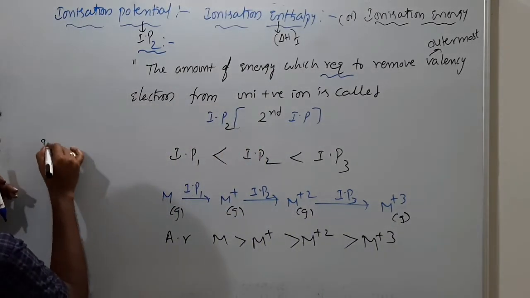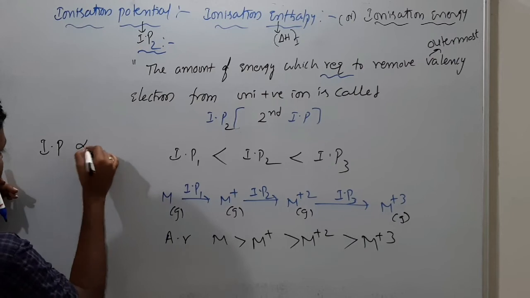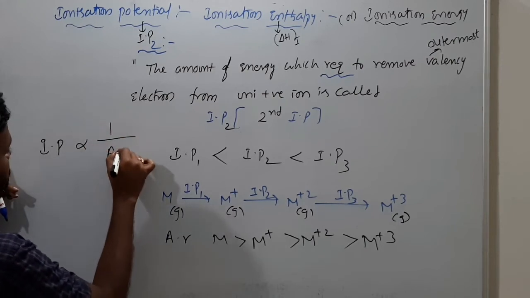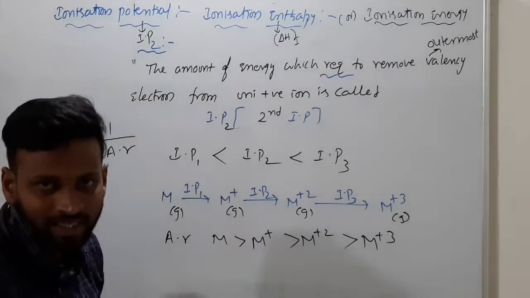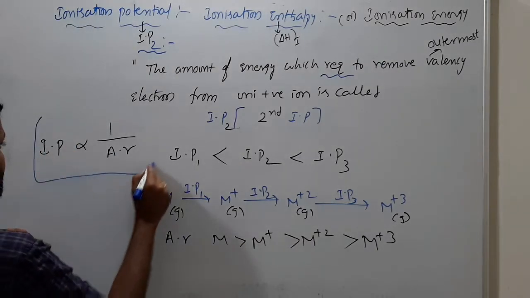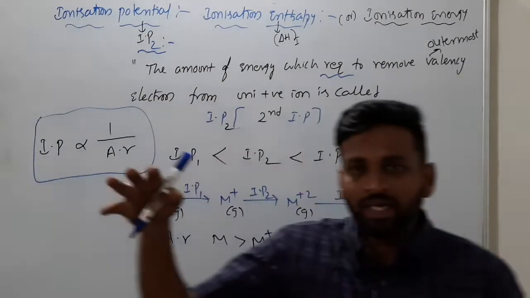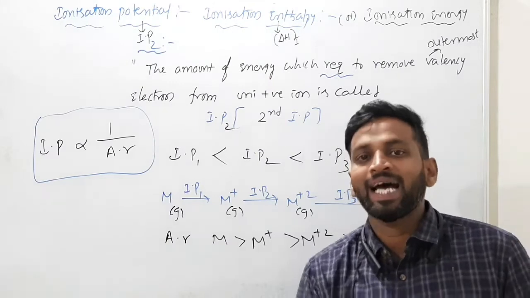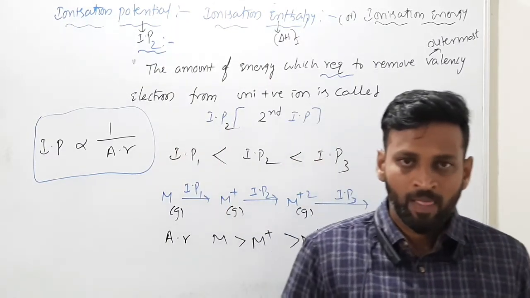So ionization potential is inversely proportional to atomic radius. Very clear point. If atomic radius is less, then IP is very high.